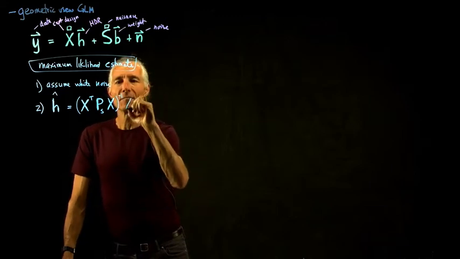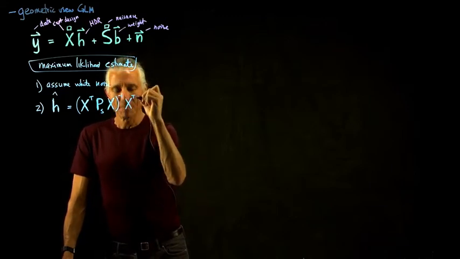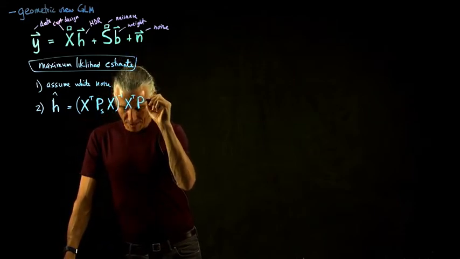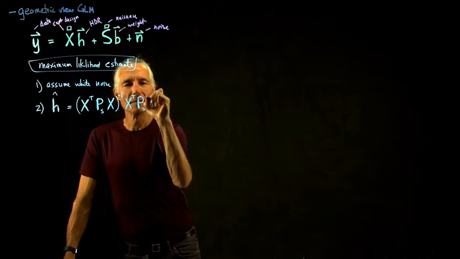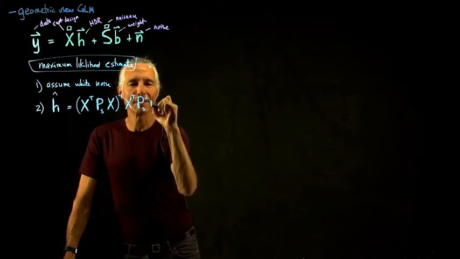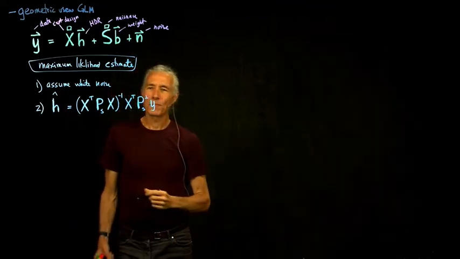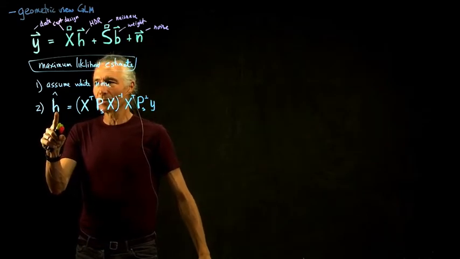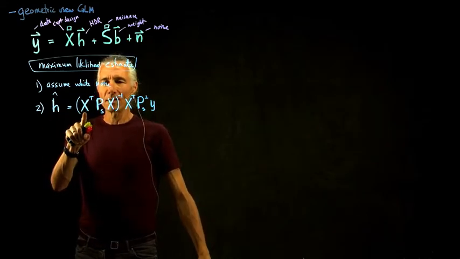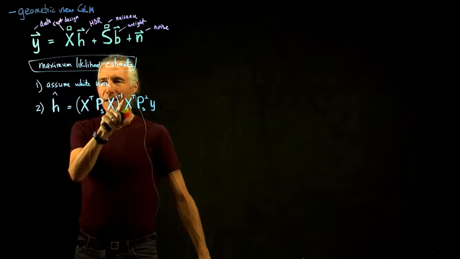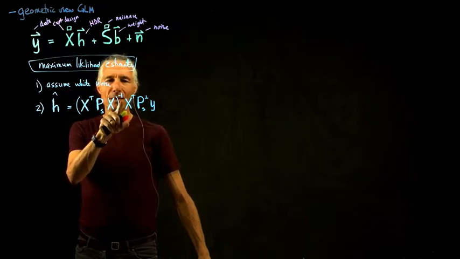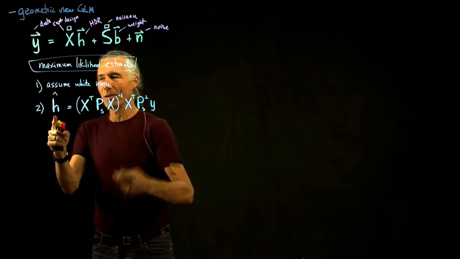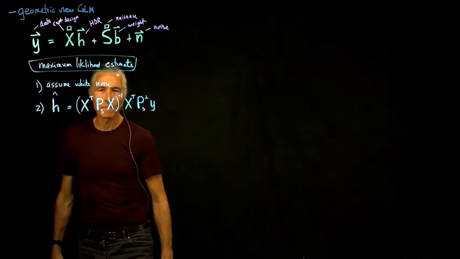Then multiplied by the transpose of the matrix again, and then yet a different matrix here. This one is the perpendicular projection matrix, and then finally times the data. So the hemodynamic response function vector solution equals matrix times matrix times matrix. Invert that whole thing after you've multiplied those matrices, multiply by 2 more matrices, multiply by the data. So you stick the data in here and you get the hemodynamic response function out.